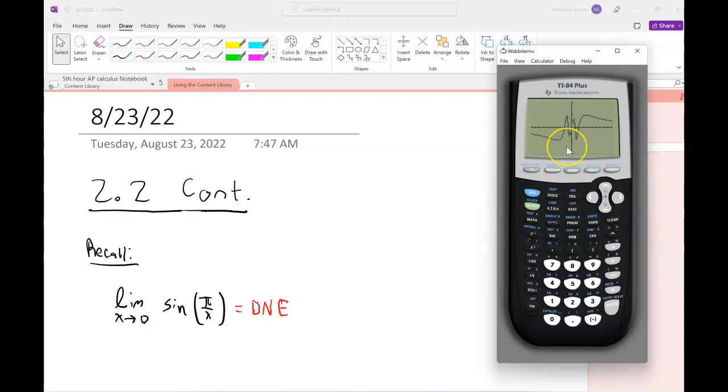Everybody kind of remember we did this a couple of times and zoomed in and just kept getting funky behavior the whole way. What I'm going to do real quick is turn off the axes and hit graph again. So I've just turned off the X and Y axes.